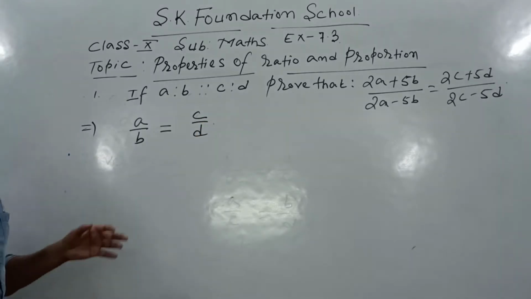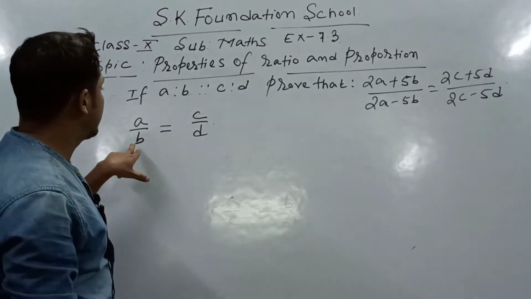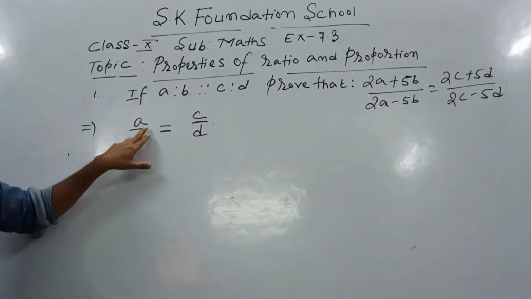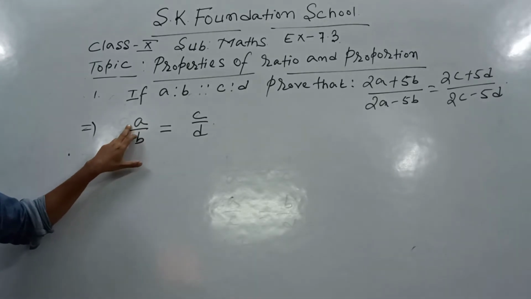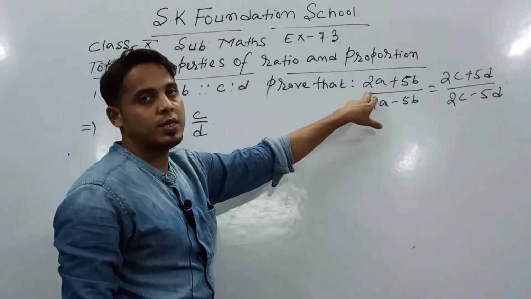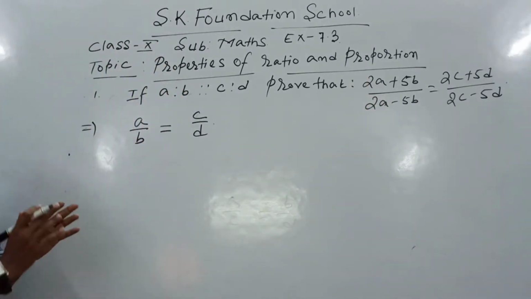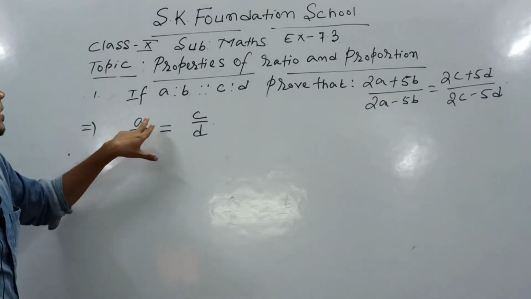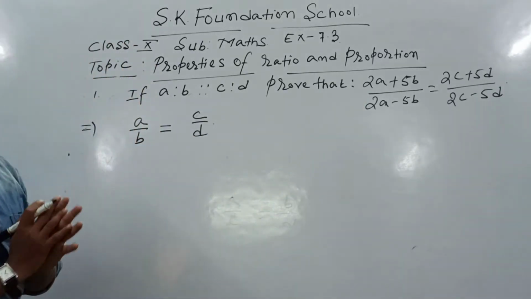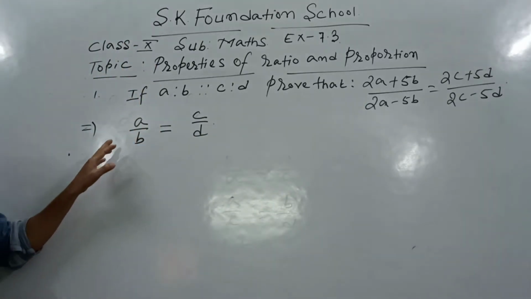Now look at the difference between this part and this part. Here A contains coefficient 1, but here A contains coefficient 2. So the difference is this contains 1, it contains 2. So these two terms are not the same, right?